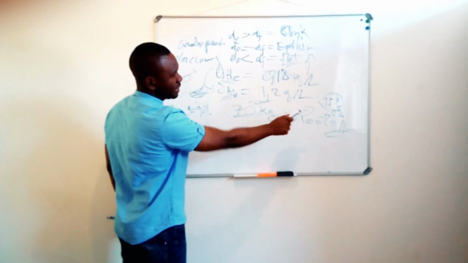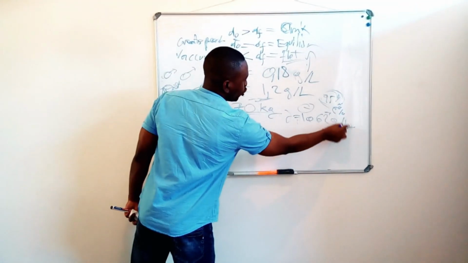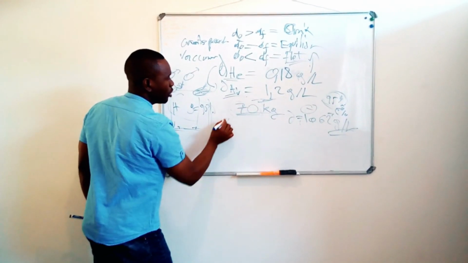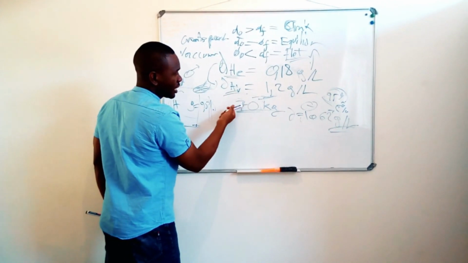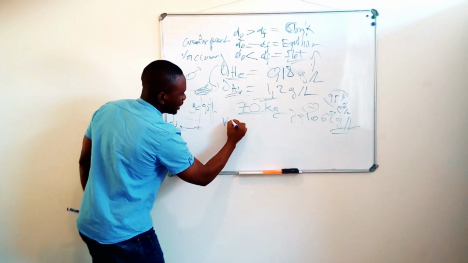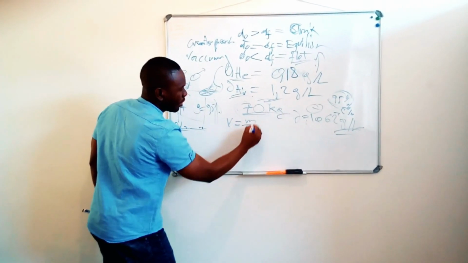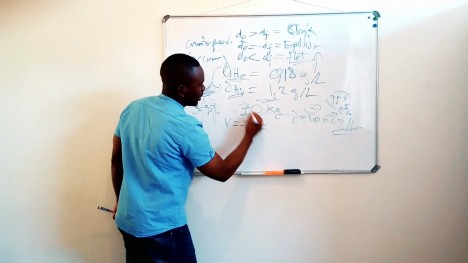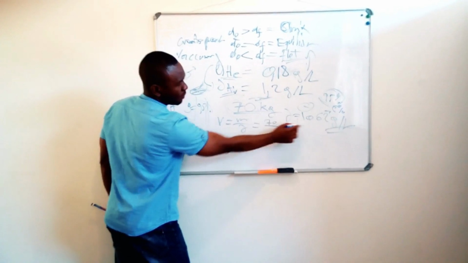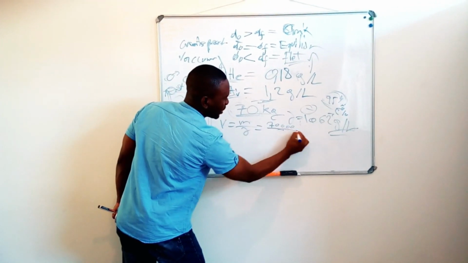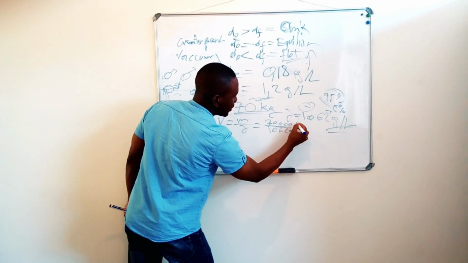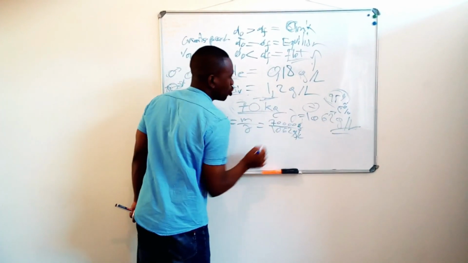That is the density of a normal human being. So if you want to get the volume of a normal human being having 70 kg, you have to say volume is equal to the mass divided by the density. Then it's 70 divided by, let's put this in gram as well, 70,000 divided by 1062 gram per liter.